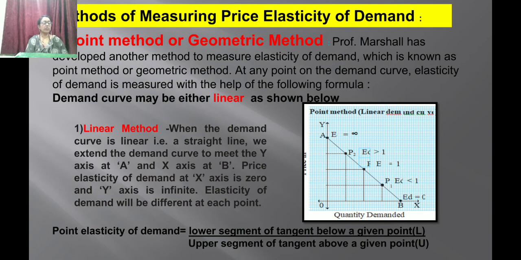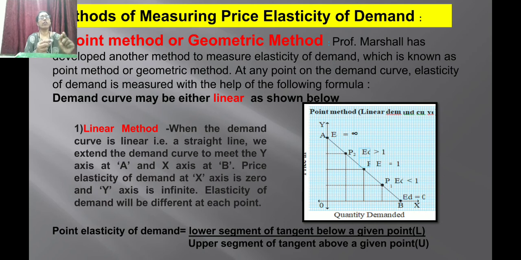Now in the middle point, you can see P is given, where elasticity is 1. When we divide this 8 in the middle, PB upon PA: PB is 4, as we have given 8 centimeter, so in the middle it is 4 and 4.